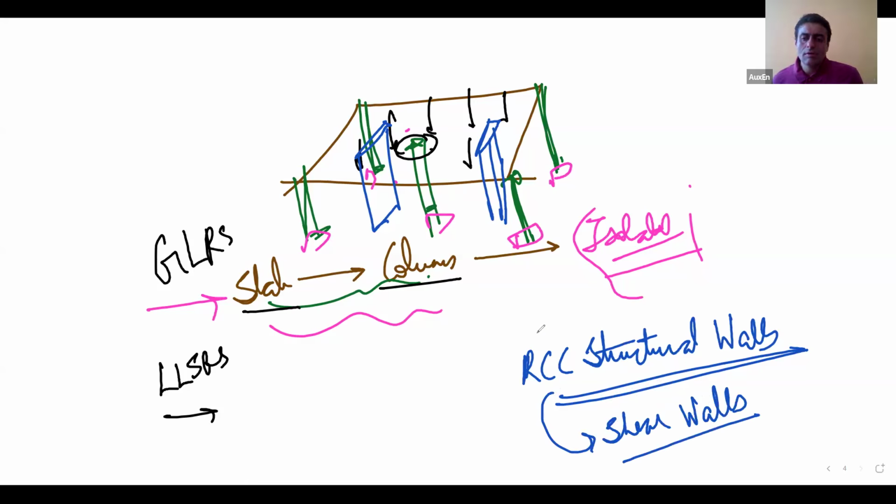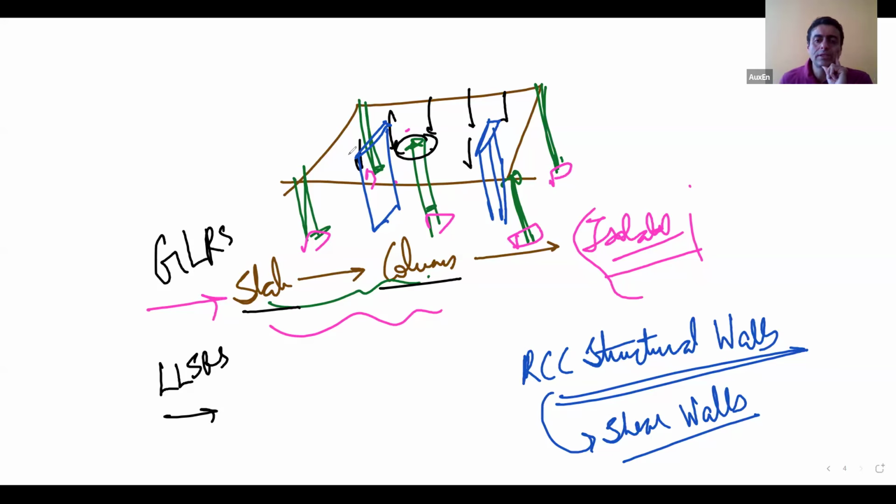Although shear walls take the majority of their loads in flexure and axial forces, we still call them shear walls. So in this course, during discussion, if I say shear walls, it means RCC structural walls. Clear?